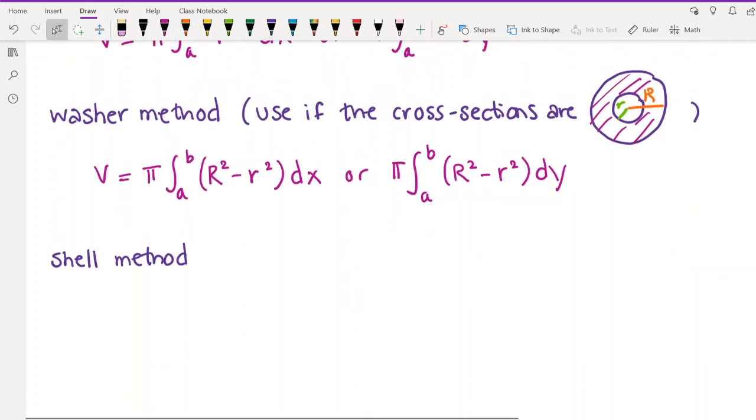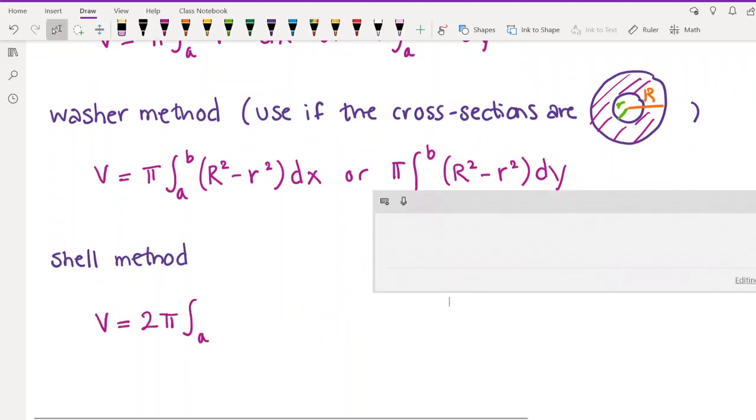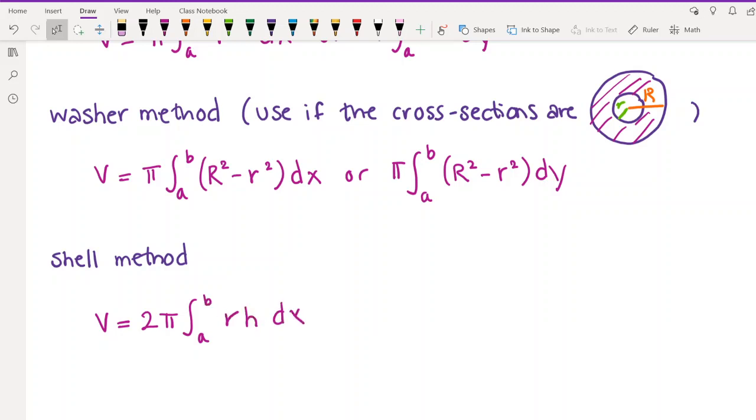And so how does the shell method look? Well, with the shell method, you're doing 2 pi times an integral from a to b of a radius times a height dx, or 2 pi times an integral from a to b of a radius times a height dy. And so in this case, where are all these different things coming from?